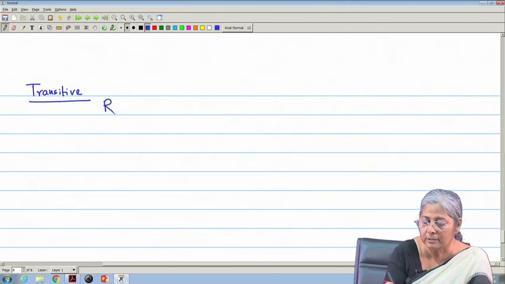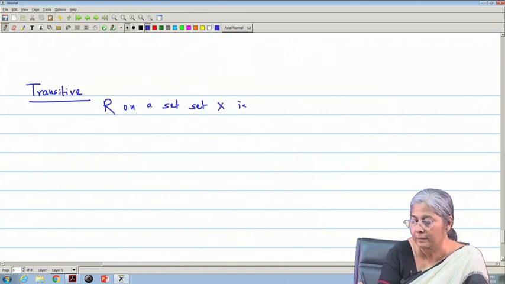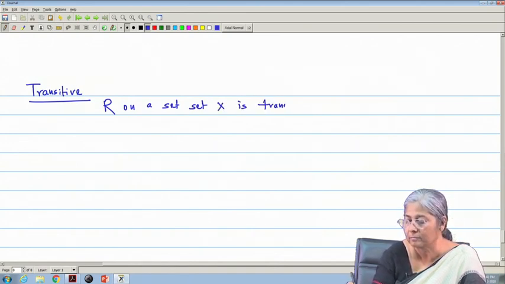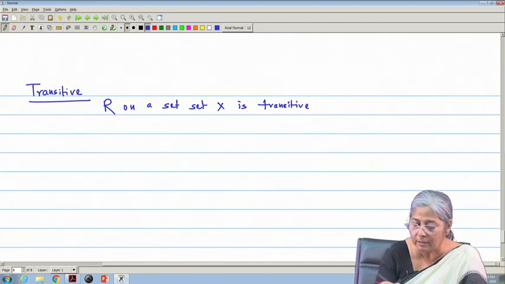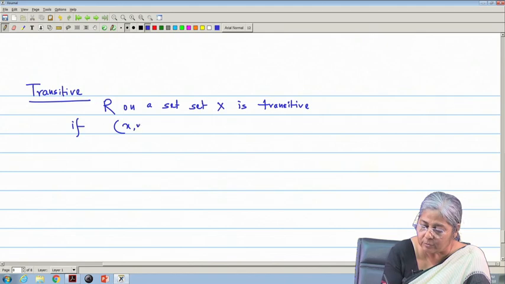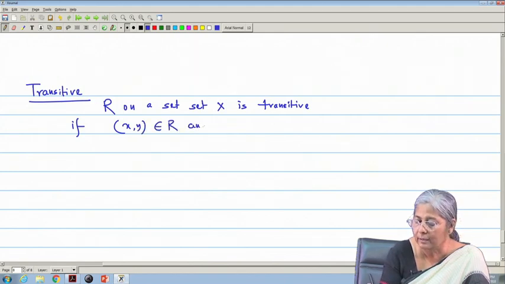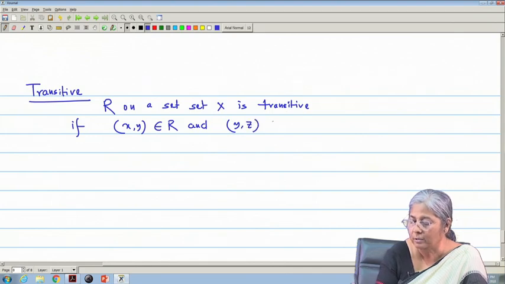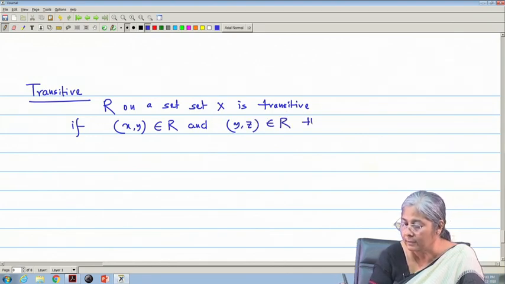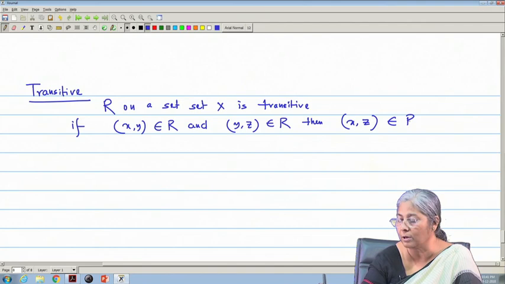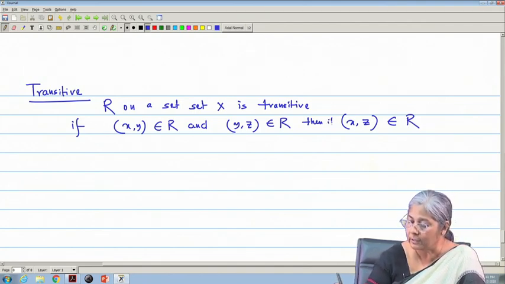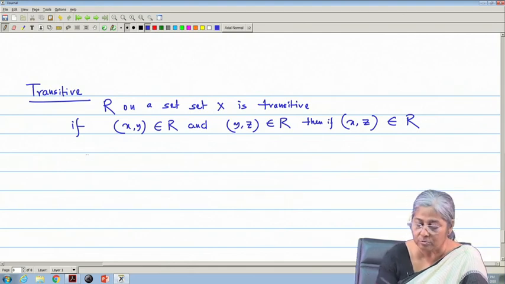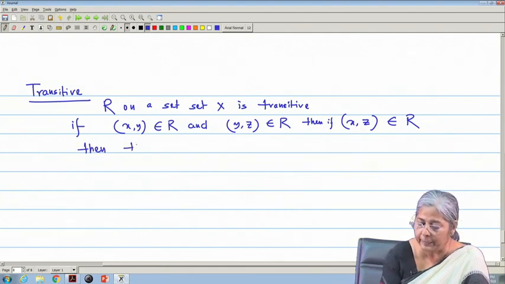So, a relation R on a set X is transitive if (x, y) belongs to R and (y, z) belongs to R, and then if (x, z) also belongs to R, then the relation is transitive.